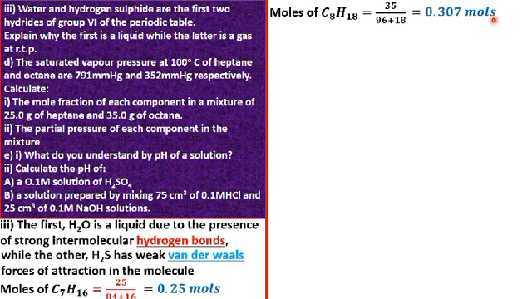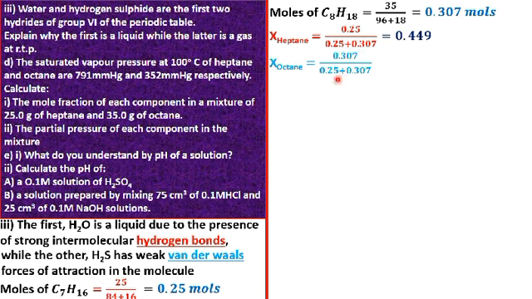Okay, now that we have this set up, we simply go ahead to get the mole fraction of each component. The mole fraction of heptane is given as the number of moles of heptane divided by the sum of the moles of the two species. So we have 0.25 divided by 0.25 plus 0.307, an answer of 0.449.